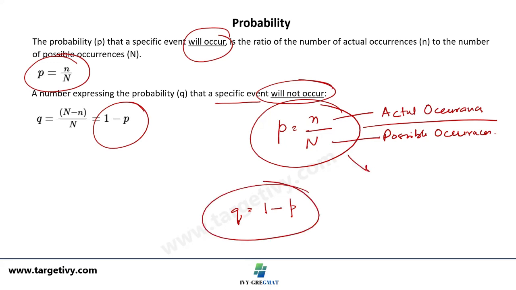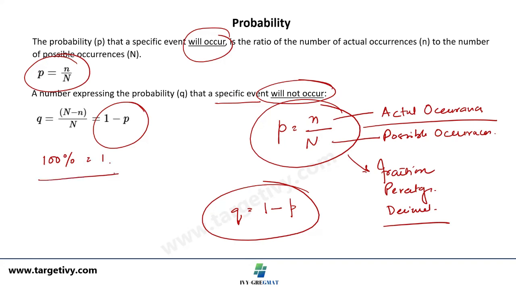I can express probability as a fraction, as a percentage, also as a decimal. So the probability of an event occurring for sure is 100%, which is equivalent to 1 if I take it as a fraction.